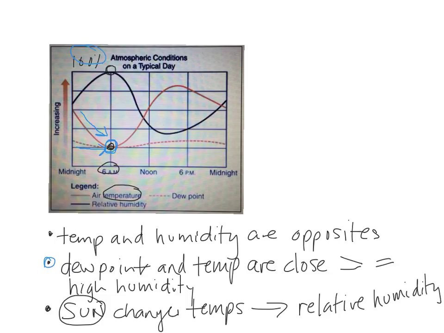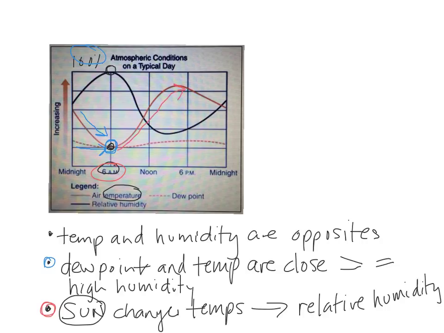And there are 3 points, and I'm going to do this one in red on the graph here. You can see the sun is heating up the Earth, heating up the air temperatures. At around 6 a.m., we should probably have the coldest temperatures, and we do, because remember that thick orange line is the temperature. And as the day goes by and the air is heated up, you'll see the temperature rise.